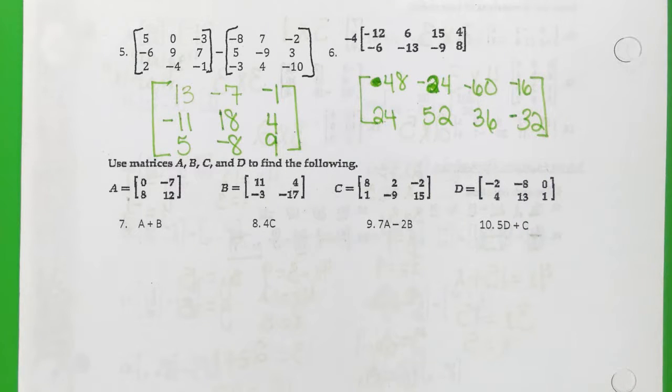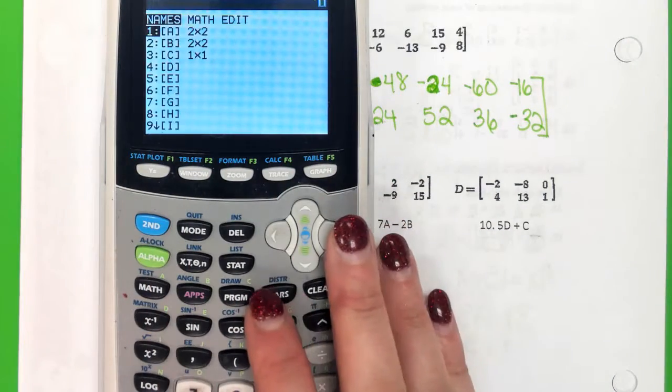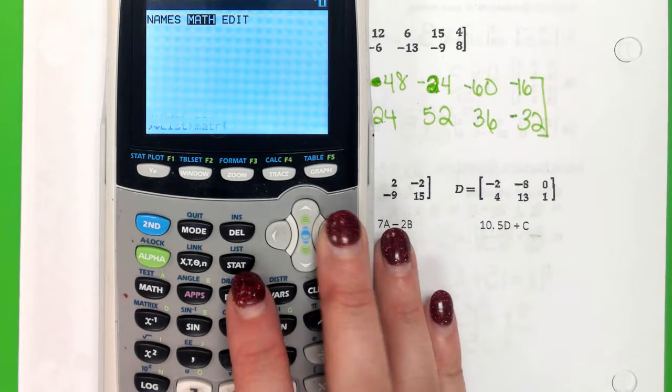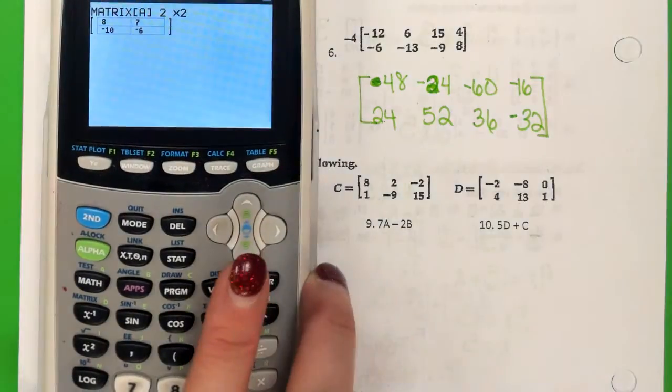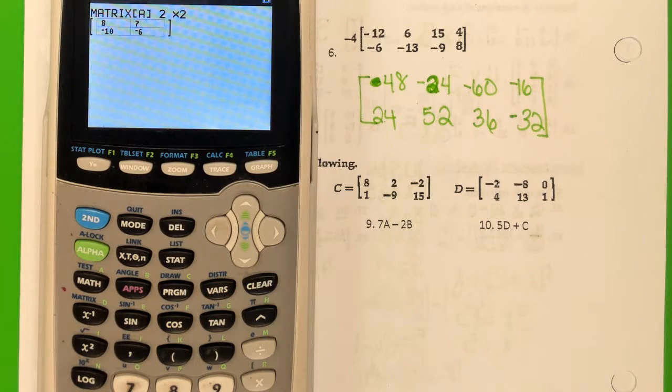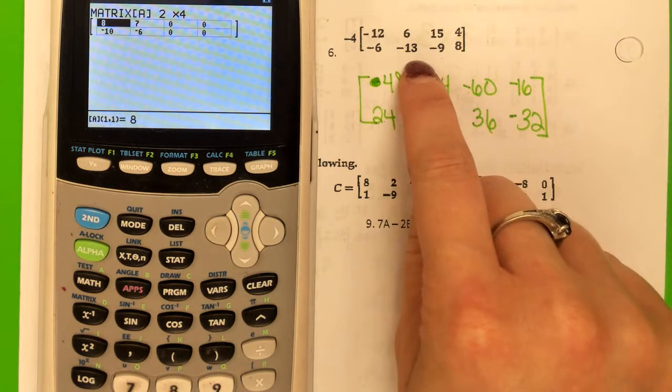All right. How would we type this one in our calculator? Go to your matrix. Go to edit. Enter. What's the matrix? 2 by 4. No, negative 4 is not a matrix. We already said that. 2 by 4. Very good. This is your matrix, the thing inside the brackets.